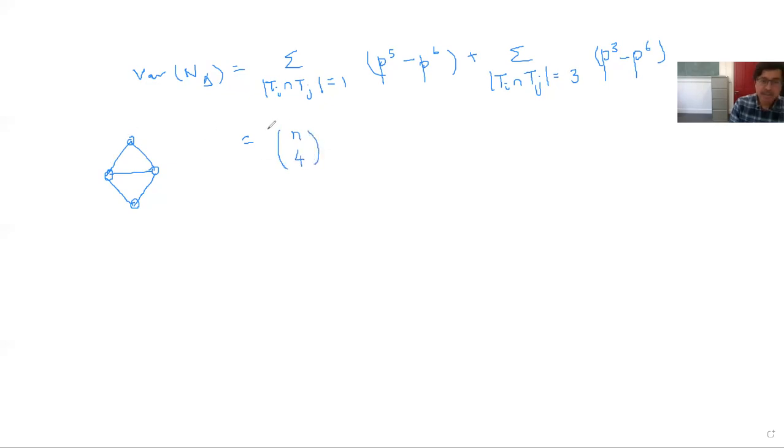And then, as I mentioned, there's some constant, which in this case happens to be 2, for how many ways within the 4 vertices you can put 2 intersecting triangles. So you can decide which pair of vertices to make, so which edge is common. Okay, times b to the 5 minus b to the 6.